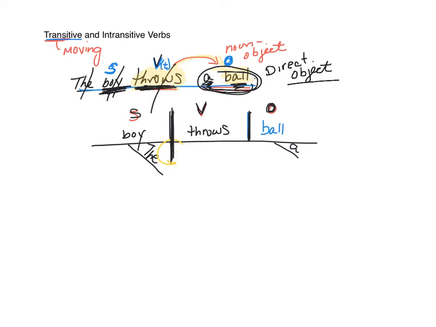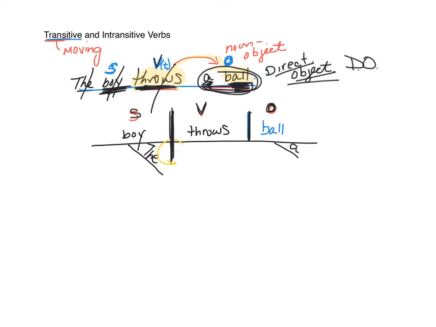It's part of the main idea. So that's why it's called a direct object or a DO. Sometimes students are like, oh my gosh, how do you remember all these terms? Well, it's actually pretty easy because in English we name things according to what they are. It's the object directly affected by the verb, so it's the direct object.